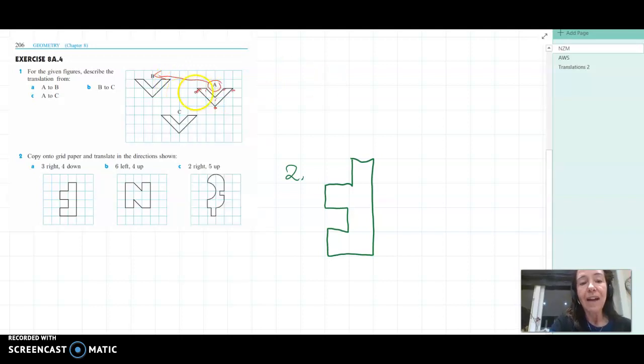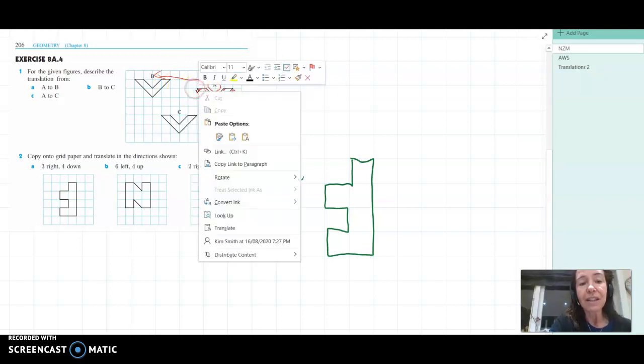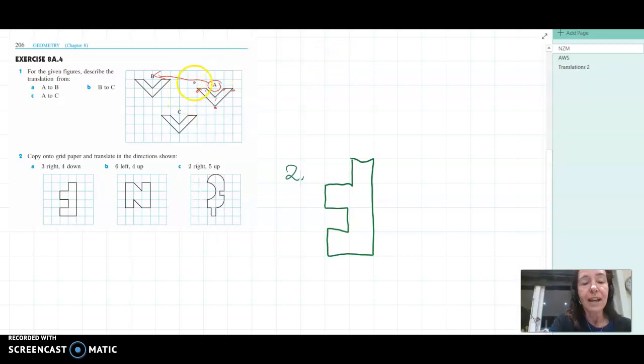So if I was going to be using, say, this corner, I'm going to call it Q, and this corner in this diagram is the same as this corner, and this is going to be my mapped one. So I'm going to put a little dash there to say it's not my original point, but it's where I'm going. So we need to say how far across I went and how far up I went.